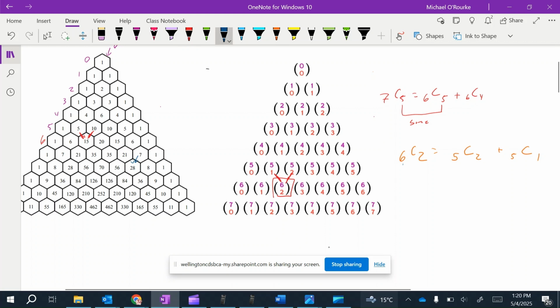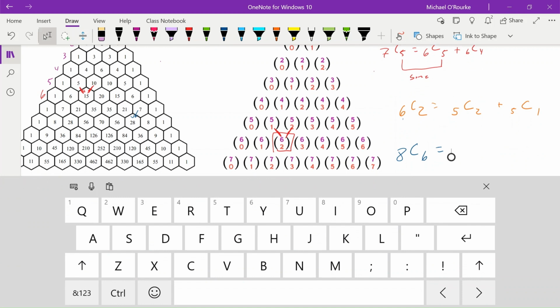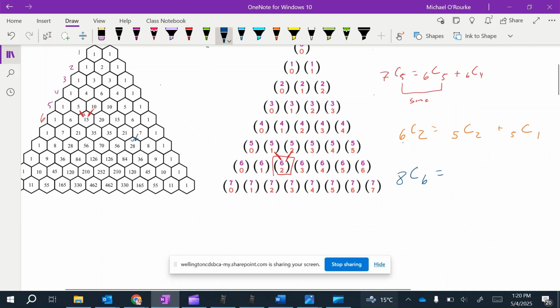So let's do another one. What would happen if I said 7C5? What equals that? Oh, I already did that one right there. Let's do 8C6. What equals 8C6? Well, what equals 8C6 is go up a row, 7C6 plus 7C5.